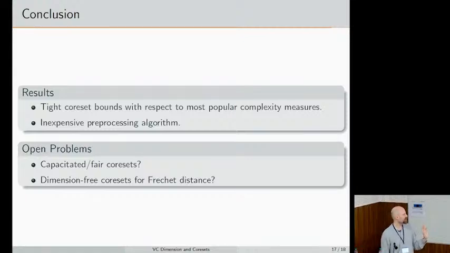Essentially for most of these abstract frameworks, so doubling dimension and VC dimension, we now have optimal coreset bounds. So it's really up to people that care about specific metrics to do better for that. For abstract frameworks, I would say at this stage of coreset research, we're as far as we can get.